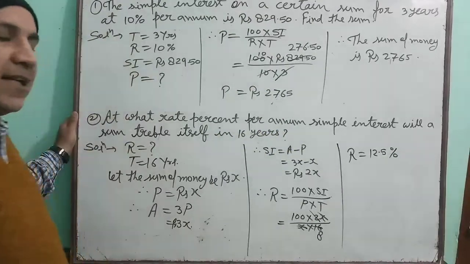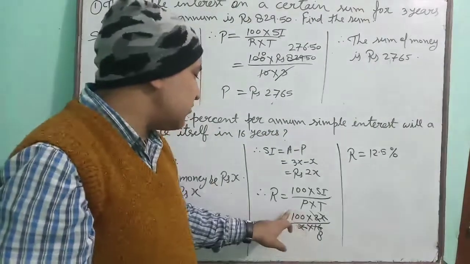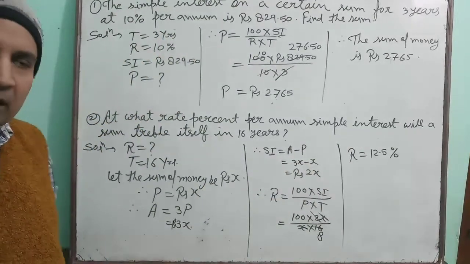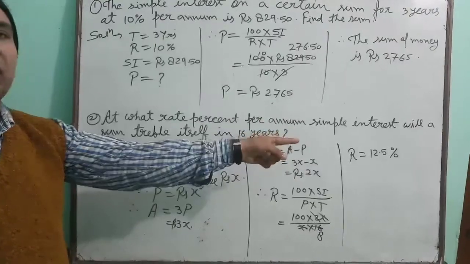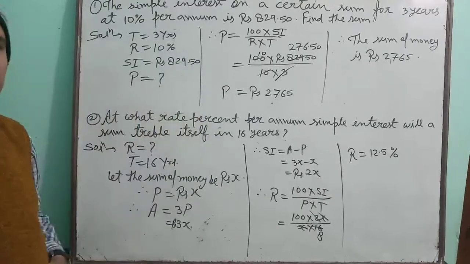That means the rate is 12.5%. When 8 divides 100, we will get 12.5. Okay, so that means at the rate of 12.5%, a sum will triple itself in 16 years.